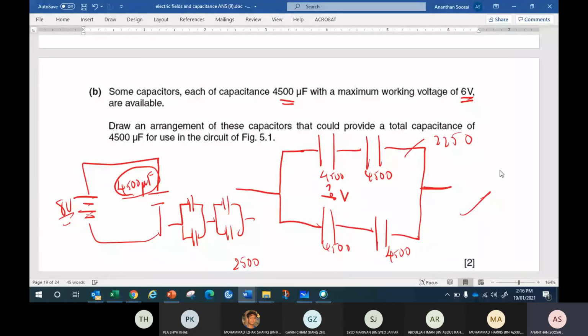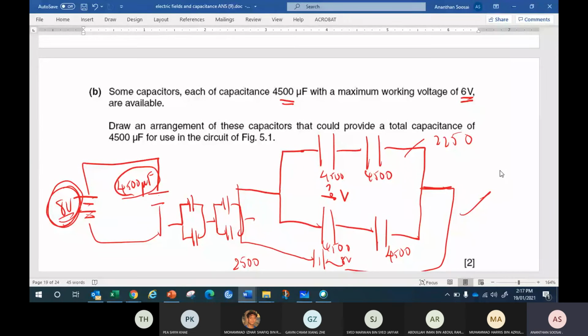Each capacitor will take how many volt? Anybody? 2 volt? Because we are applying here 8 volt, you know. You apply 8 volt.